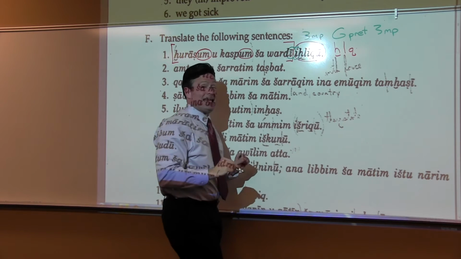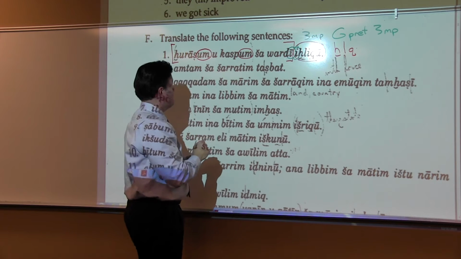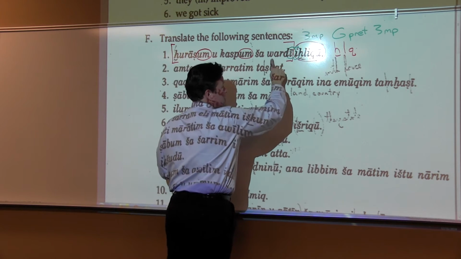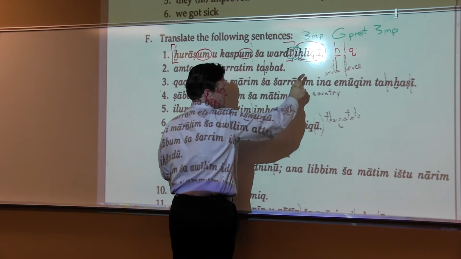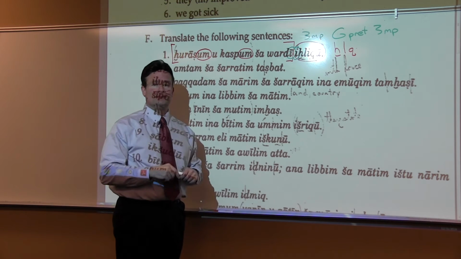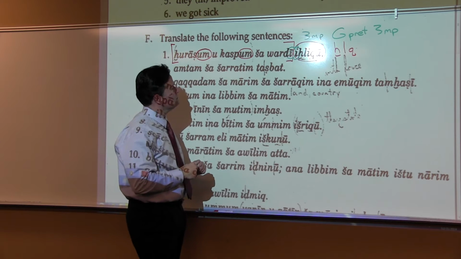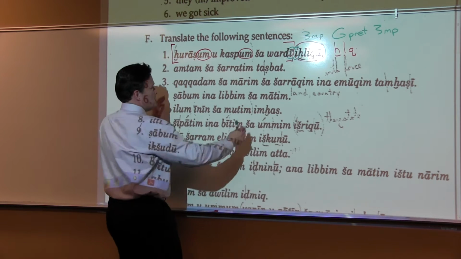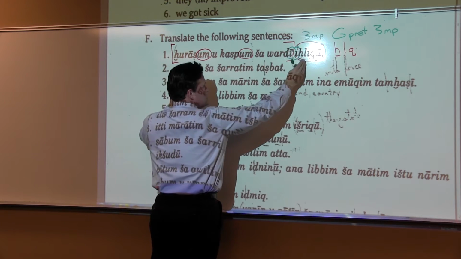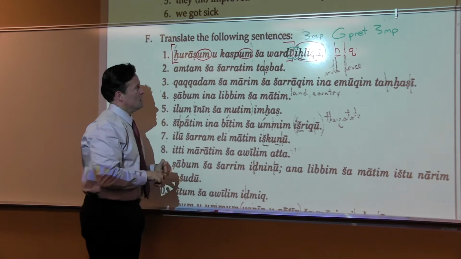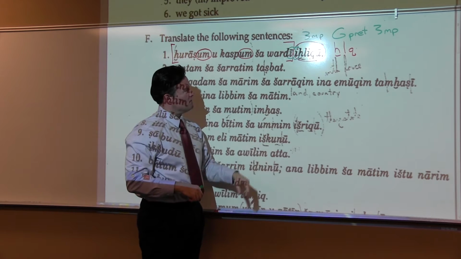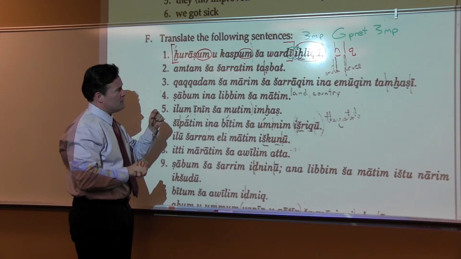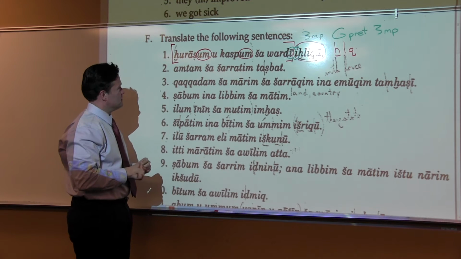So that would be servants. The silver and the gold of the servants, the male servants, perished. So that's number one. So you're getting a feel of the language. This is the subject. This is the verb. Shawardi is a relative expression of the male servants.